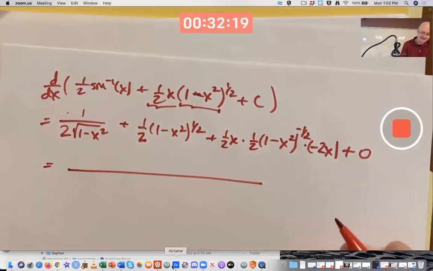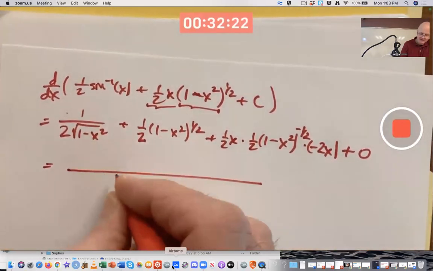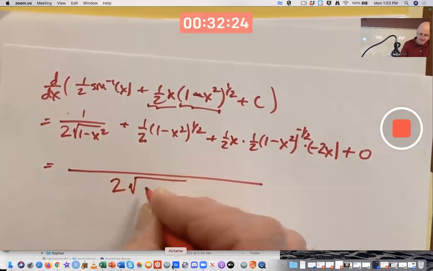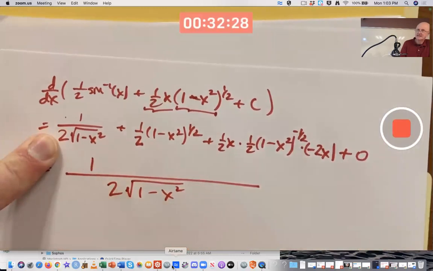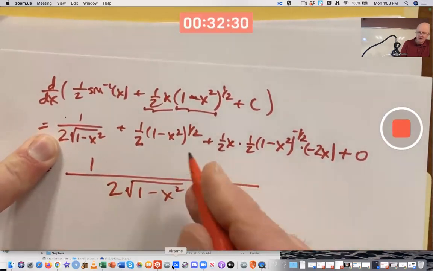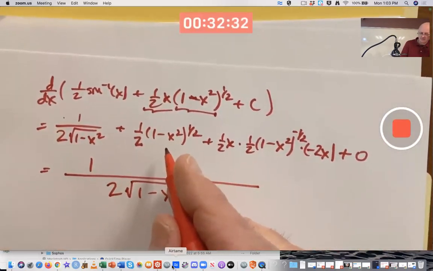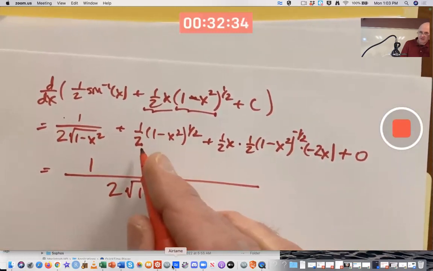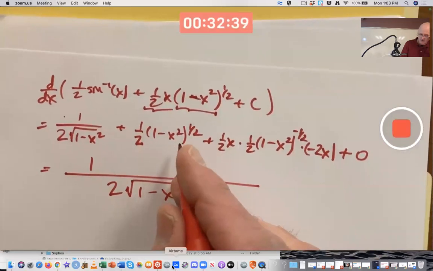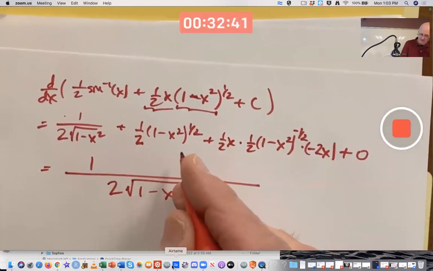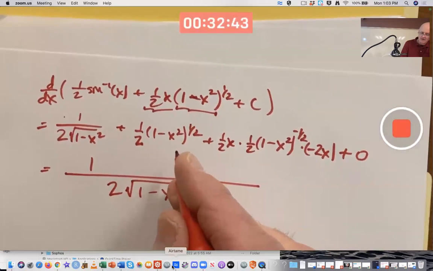Yeah, it does. Get a common denominator of 2 square root of 1 minus x squared, which you already have here. So just leave the 1 as is. You don't have that denominator here. There's a 2, but not a square root in the denominator. So multiply this by square root of 1 minus x squared divided by square root of 1 minus x squared to get the right denominator.